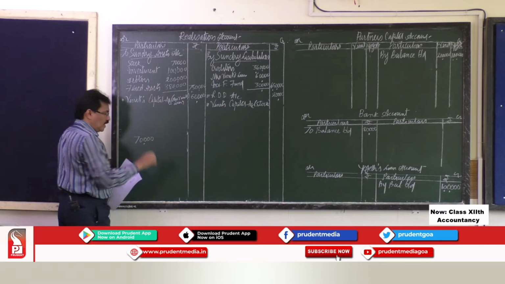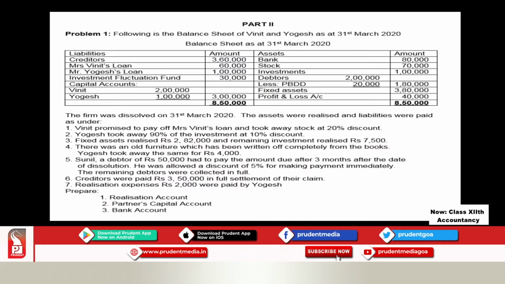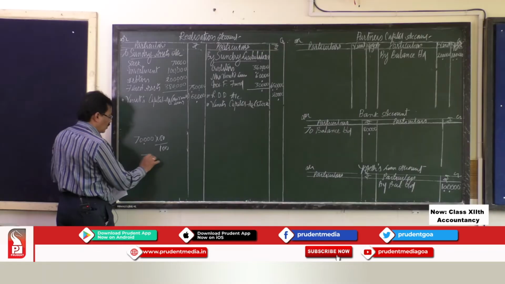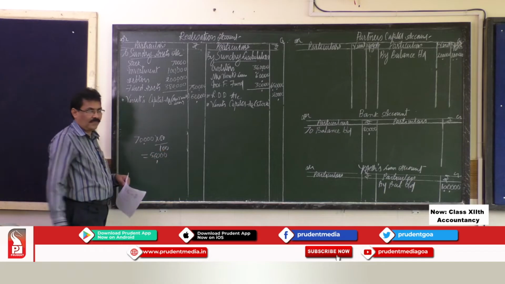Vineet took away stock at 20% discount. So, this 70,000 is 100%, but he is taking a discount of 20%. So, 100 minus 20, he is taking it at 80% of this. So, 80% of this gives you 56,000.